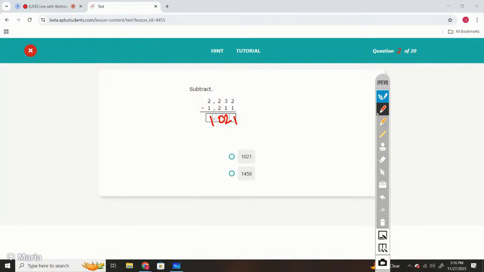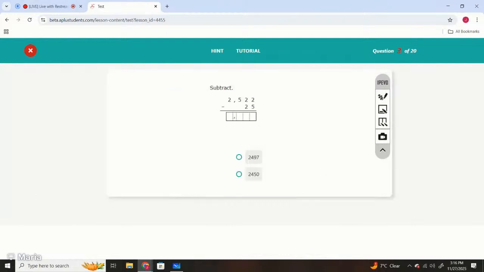So which is the correct option? The correct option is 1021. Very good. Option number 1 is the correct option.